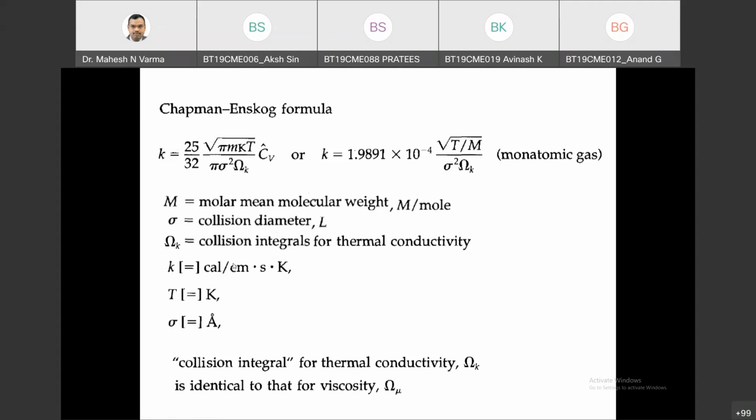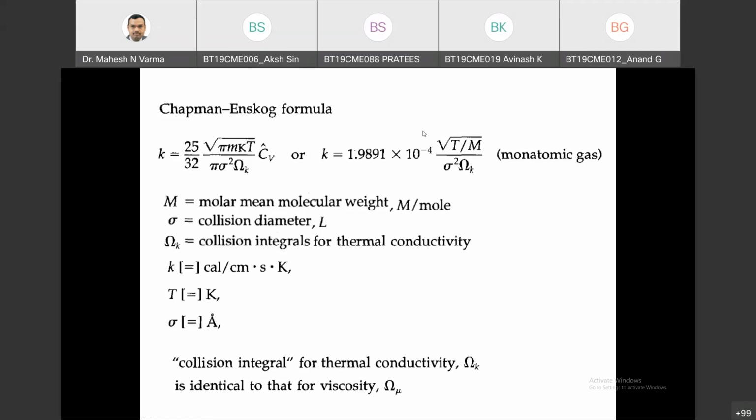So this is the approximate equation. This Chapman equation is similar to the Maxwell equation in momentum transfer; it is identically similar.